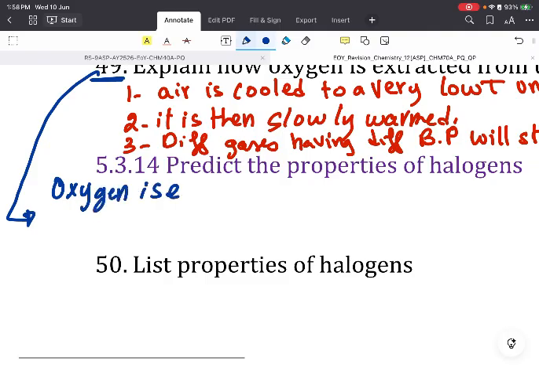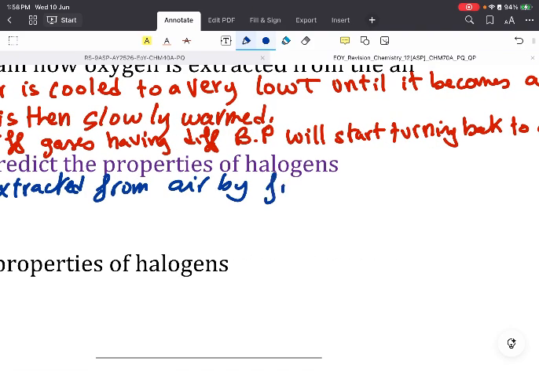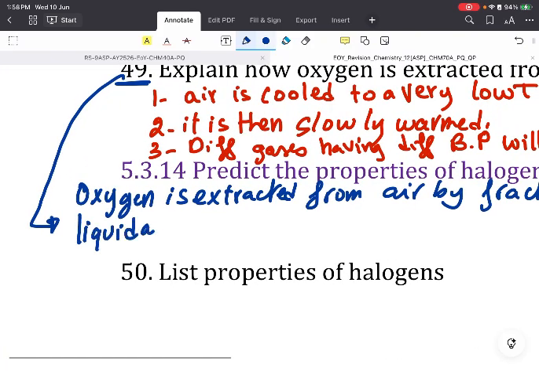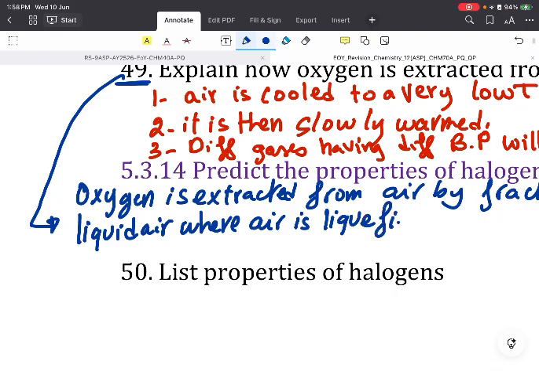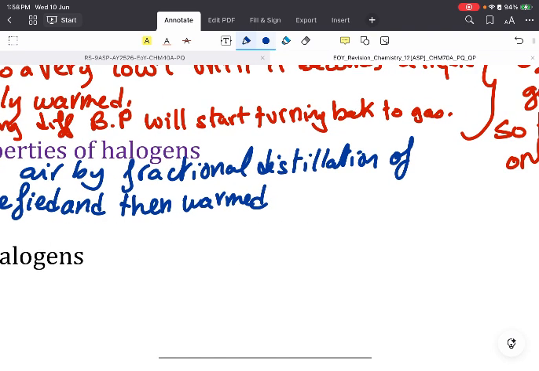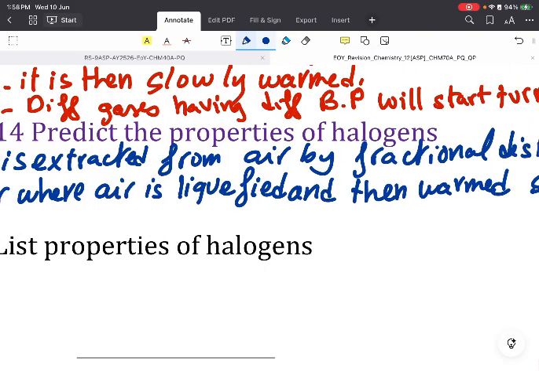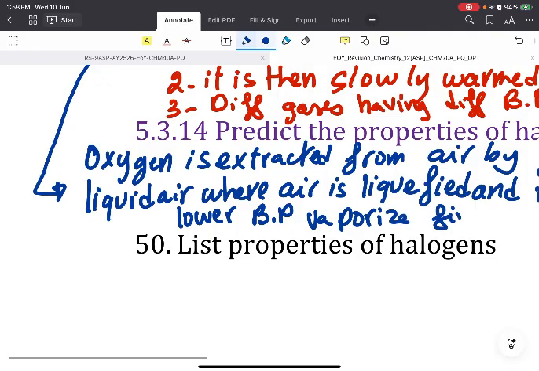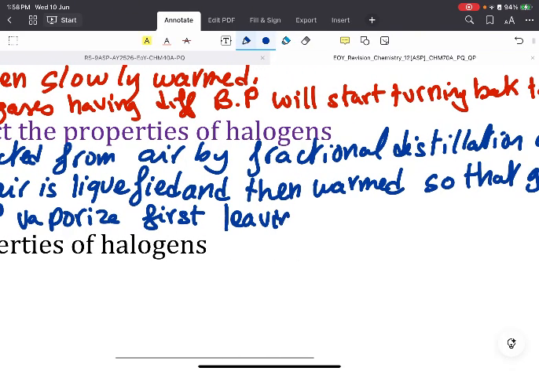Oxygen is extracted from air by fractional distillation of liquid air, where air is liquefied and then warmed so that the gases in it with lower boiling points vaporize first, leaving oxygen to be collected.